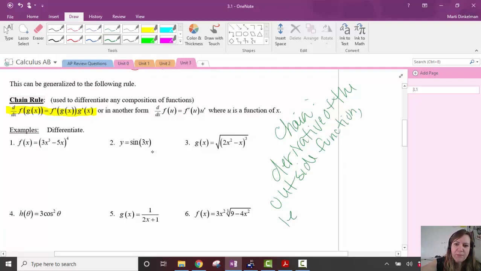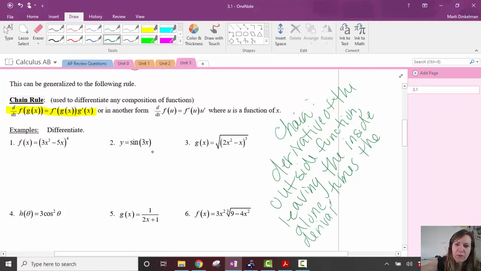Leaving the inside alone, and then times the derivative of the inside function. Okay, so let me say that out loud again.